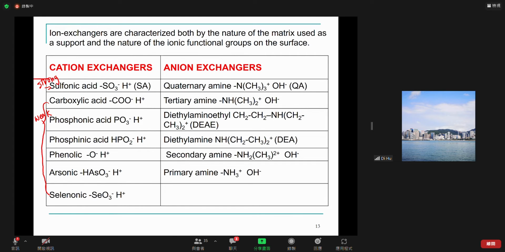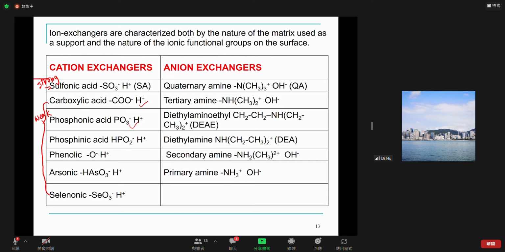The carboxylic acid, phosphoric acid, phosphinic acid, phenolic acid, and even some inorganics, like arsenic. The carboxylic acid and phosphoric acid are more often used. So we call them weak.